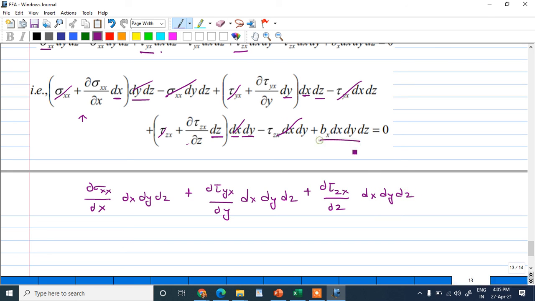And finally we have the body force, that is plus bx dx dy dz, that is equal to 0.